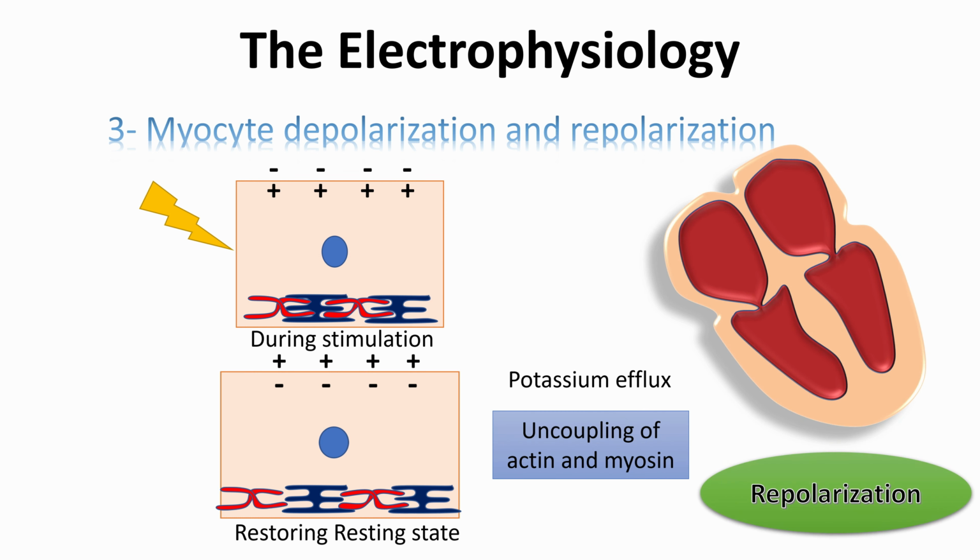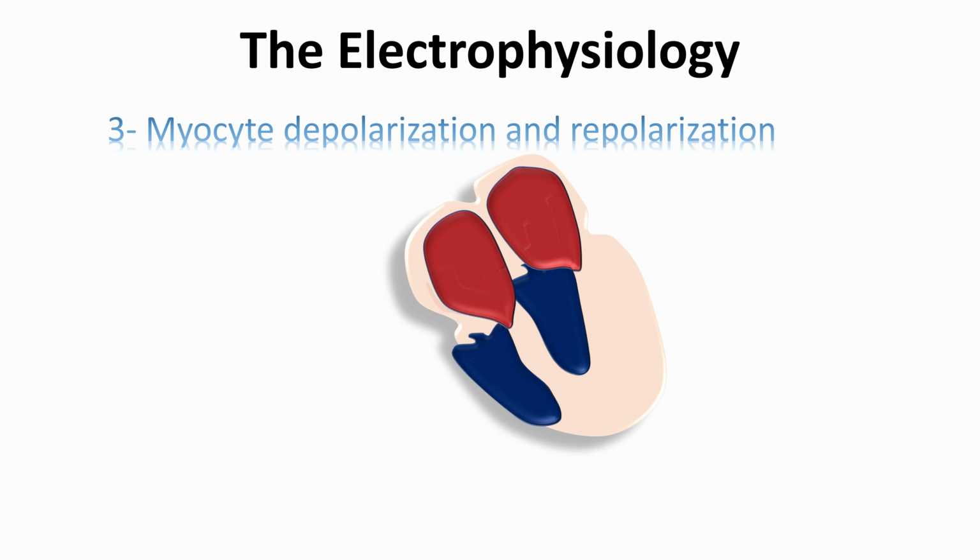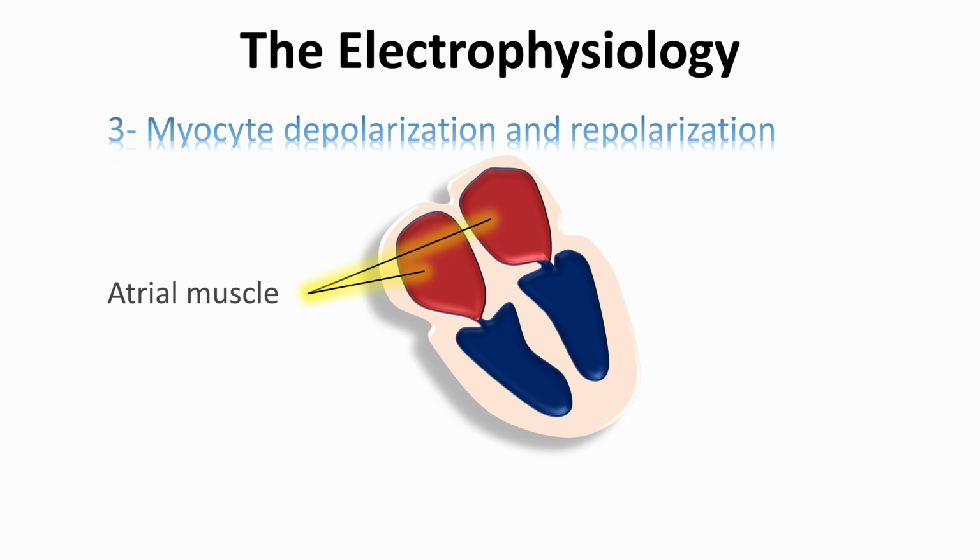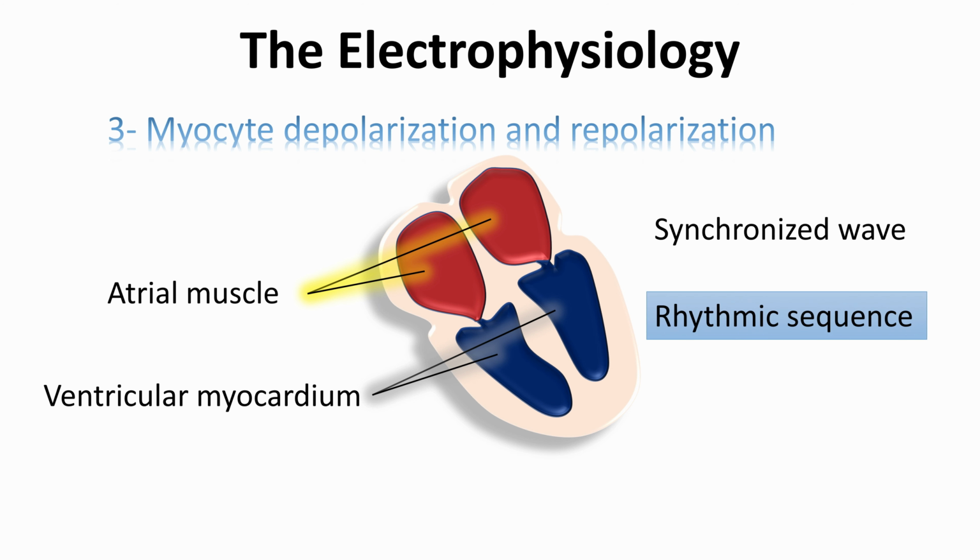The return of myocardium to its resting electrical state is known as repolarization. Depolarization and repolarization occur in atrial muscle as well as in ventricular myocardium. The wave of excitation is synchronized so the atria and the ventricles contract and relax in a rhythmic sequence.